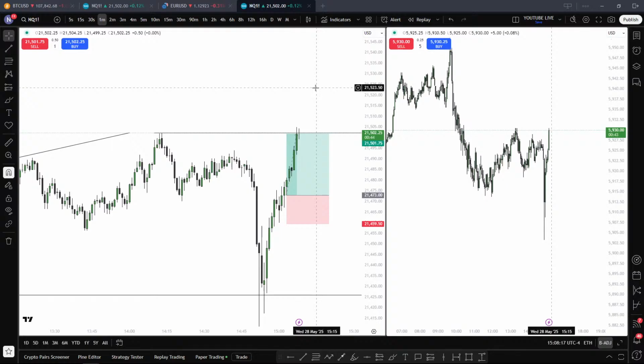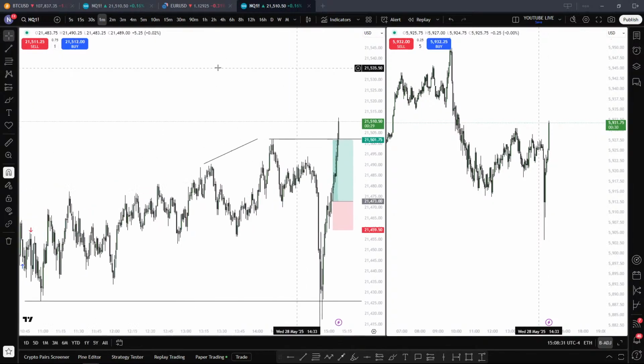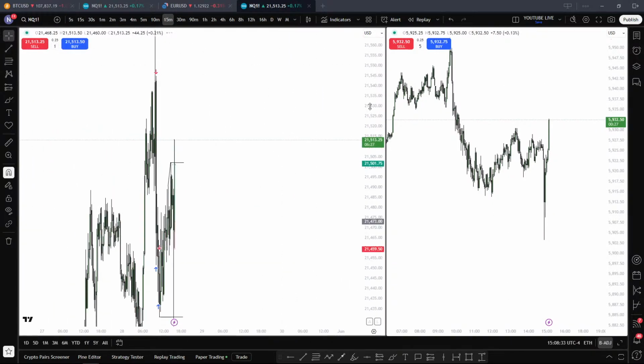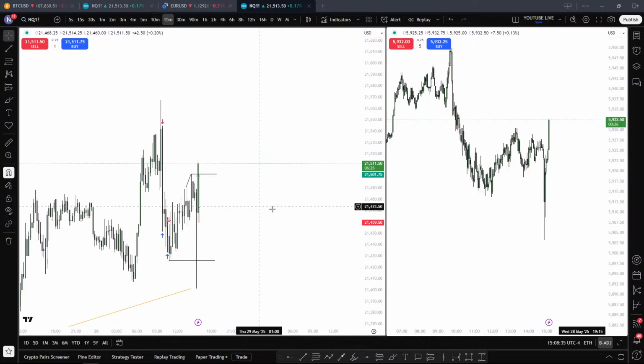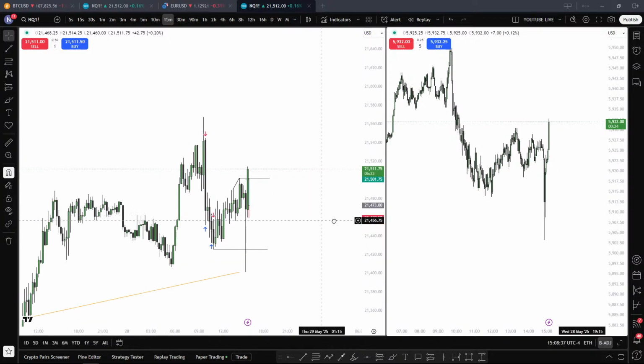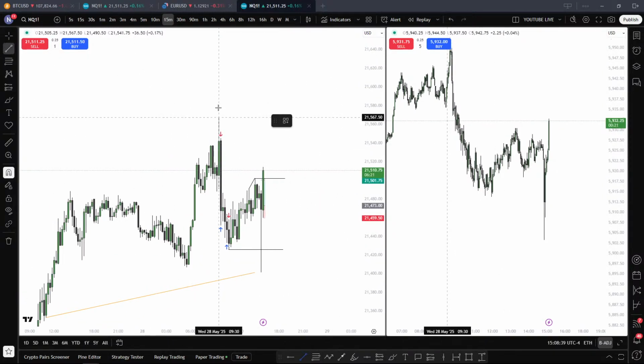Because if you just run and jump into these positions, this one played out, next 3 won't. So, just let it run. Literally, straight to this high. Can't lie.